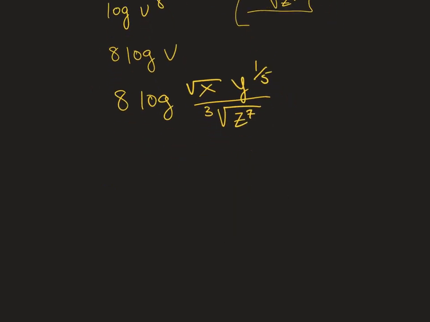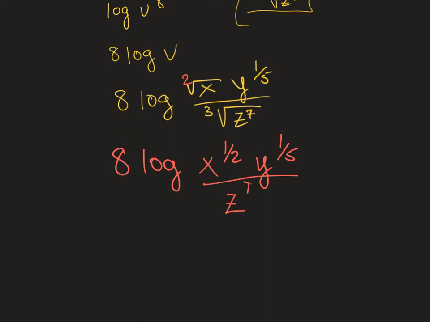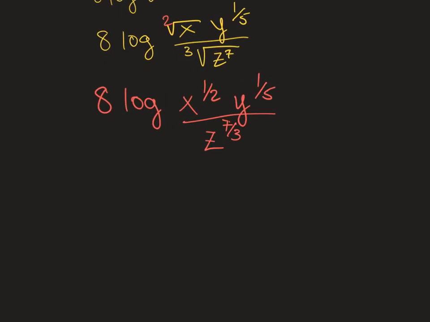If you go forward, I would change all of them into fraction form. It's a lot easier. So 8 log of x to the 1/2, right? Square root is going to be 1/2, y to the 1/5 over z to the 7 over 3. I put them in fraction form because it becomes clearer later on.